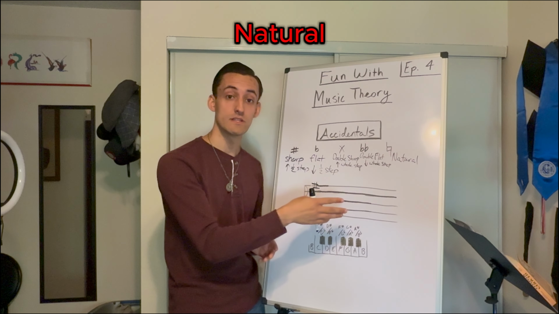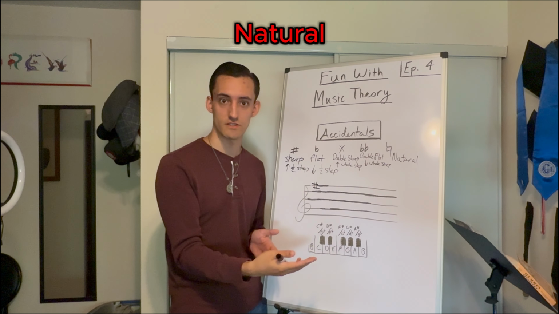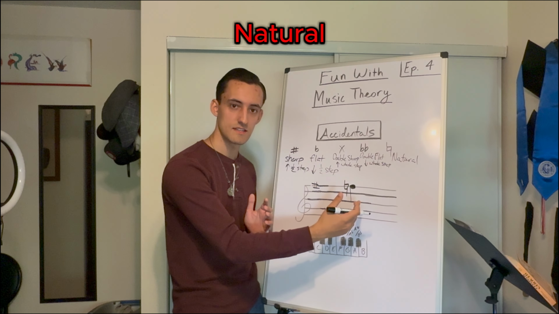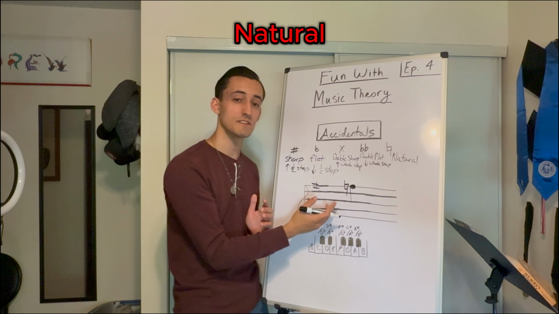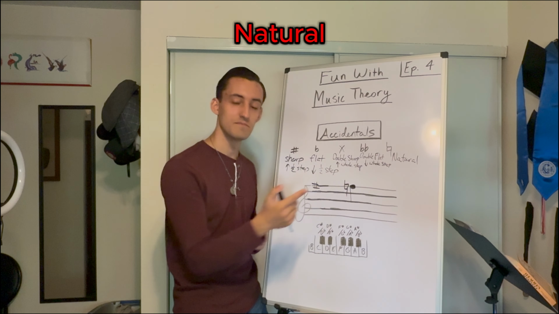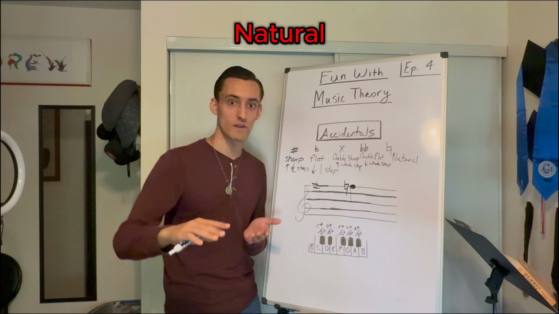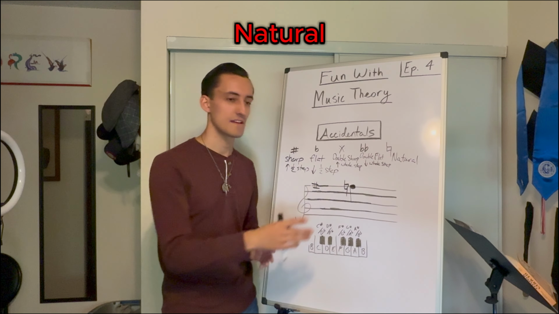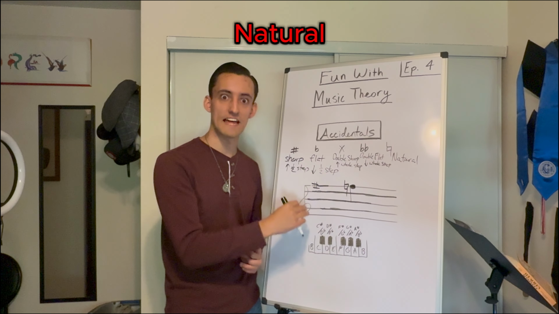So any F that you would usually see in the G major key would be F sharp. But when you come across in the music an F natural, the natural cancels out the sharp and it turns that F sharp into the regular white note F. And that can be applied to all of the other notes that have the sharp and flat with it.